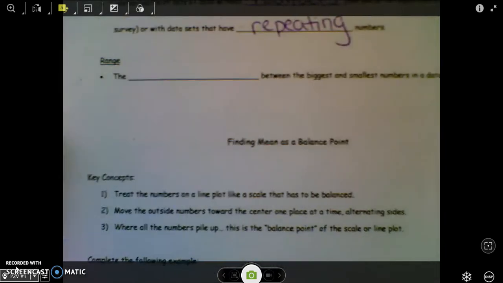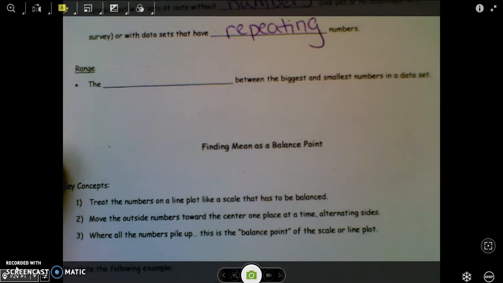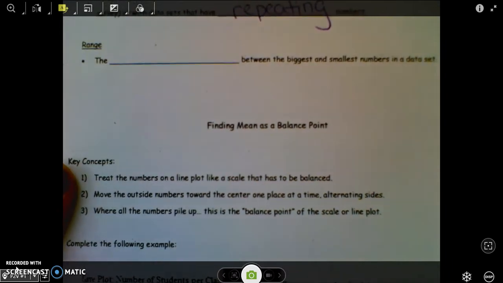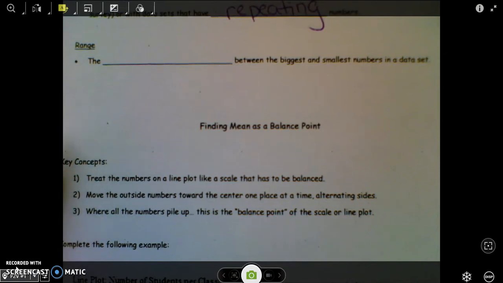And the last blank we're going to fill in at this point is range. So range, again, is not a measure of center. If a test question asks you what's the best measure of center and range is an answer choice, don't pick it. Cross it out. It's not a measure of center. It's a vocab word you need to know for this unit, but it is not a measure of center.